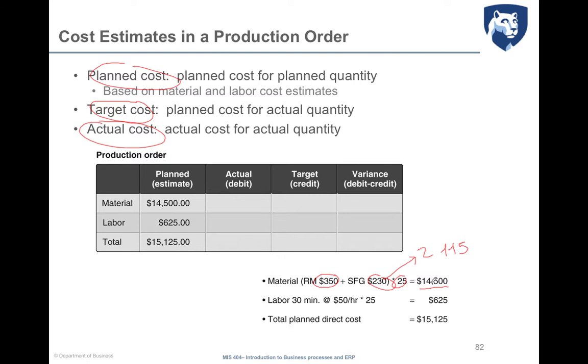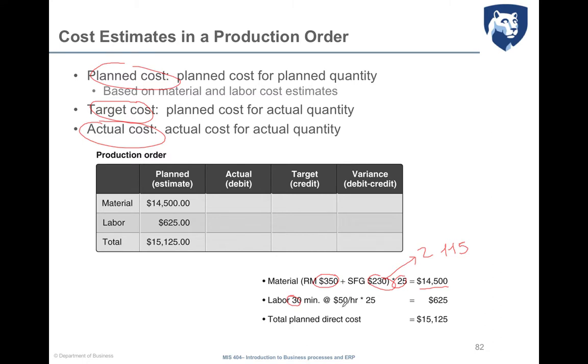So we have a total value for material of $14,500. While instead, in terms of labor, we expect that each bike lasts 30 minutes of work of human workforce. Human workforce is paid $50 per hour.